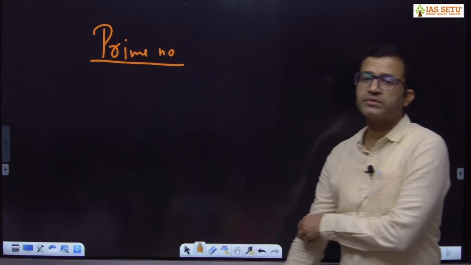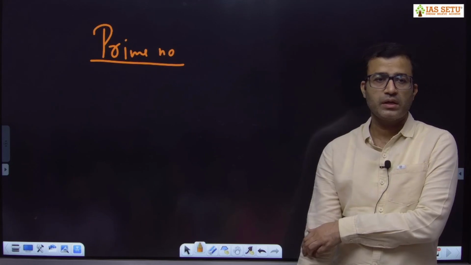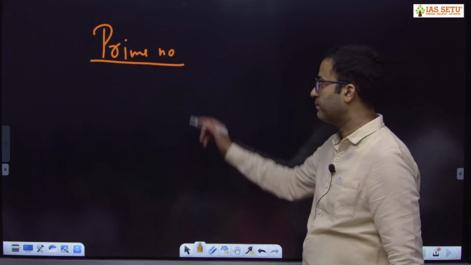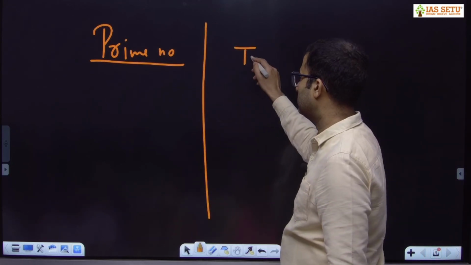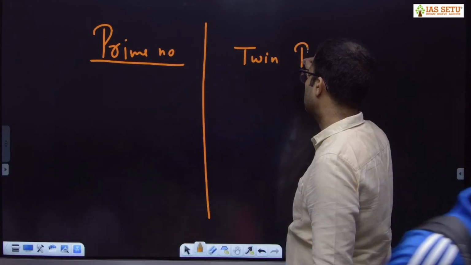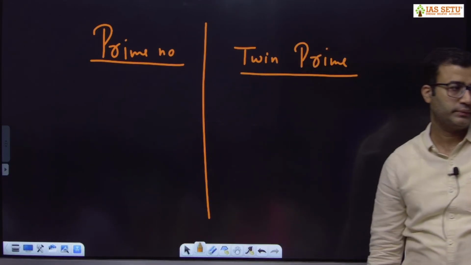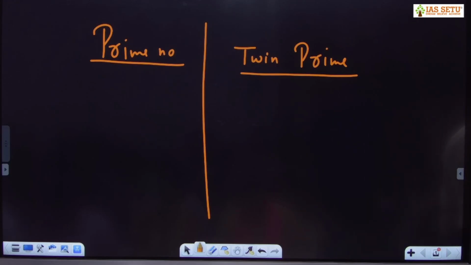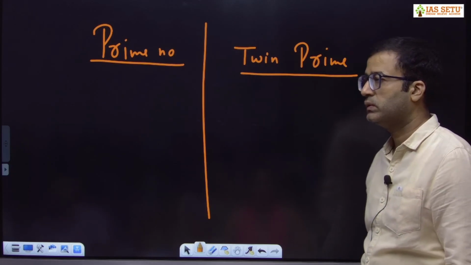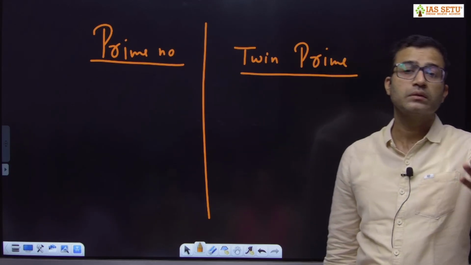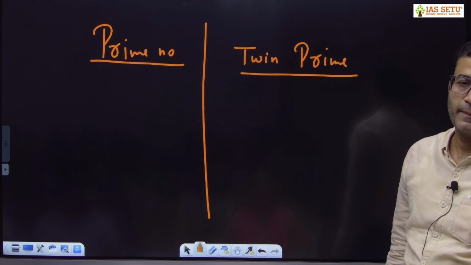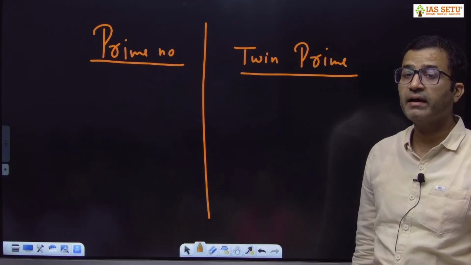So now we have some concepts similar to prime numbers. The next concept is twin prime. Does any one of you know about twin primes? 11 and 13.